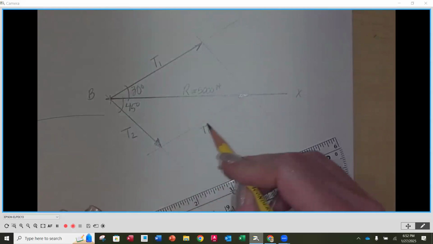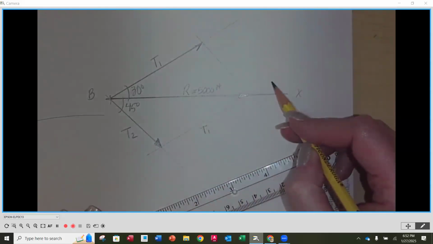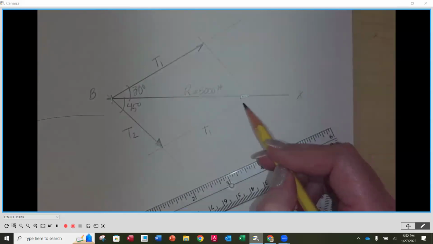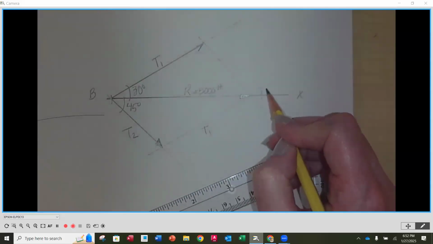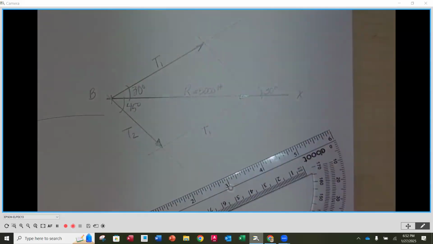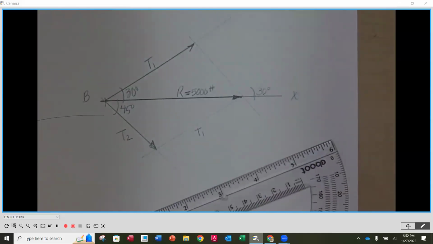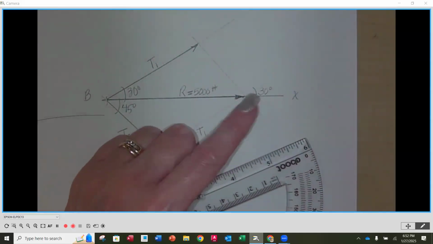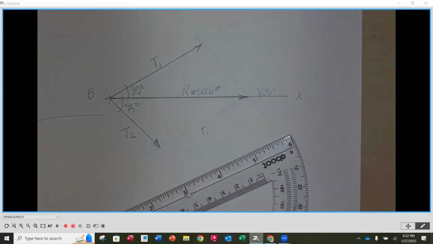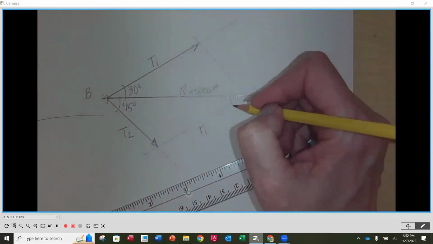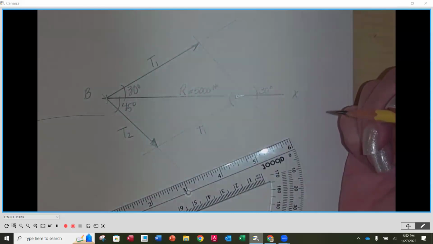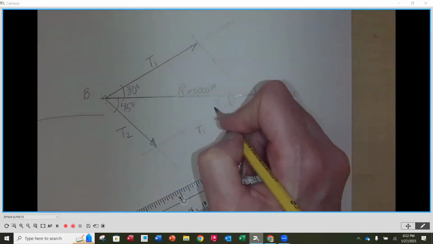We know that this is like T1, right? Okay. If we look along here, can you see that this is 30 degrees right here? I'm going to tip this up a little bit. Can you see that that's 30 degrees? So that means on the other side here, is this 30 degrees too? Yeah, right? This is 30 degrees.